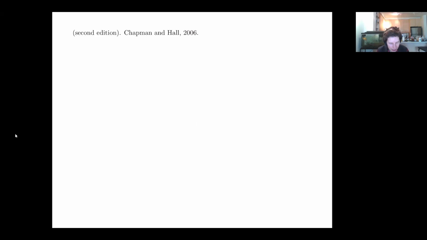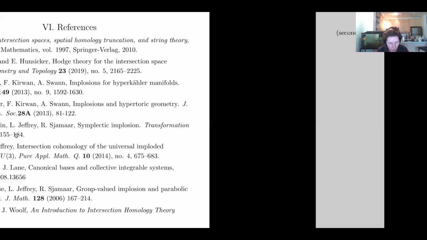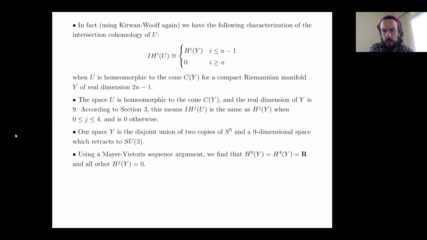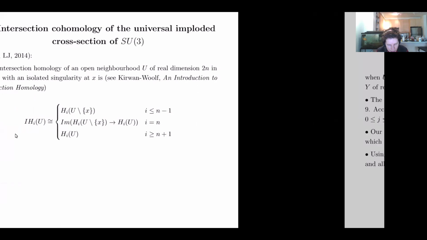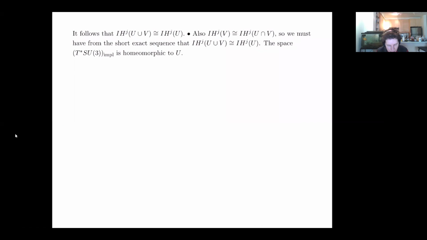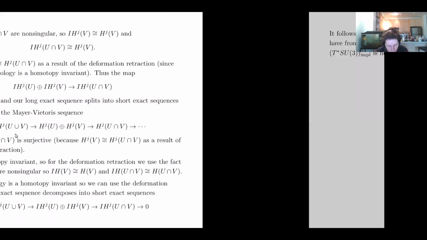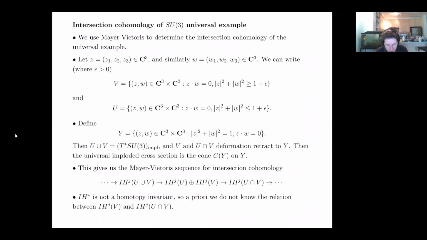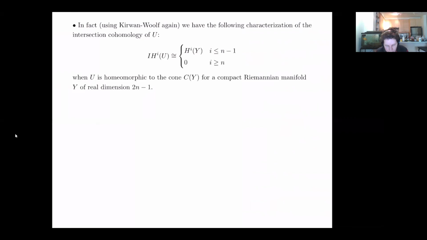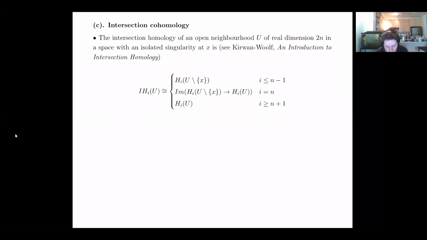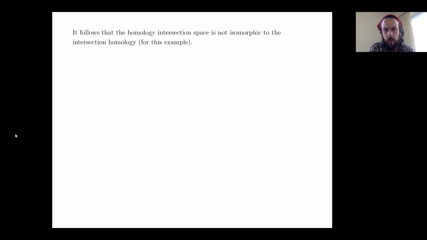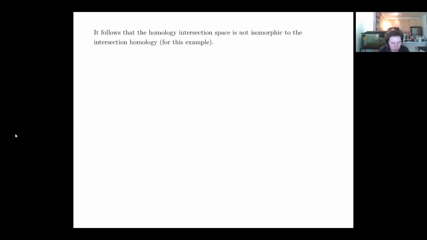That was, let me go back to that slide. What I said was that perversity is a measure of failure of transversality. You wouldn't expect to fail too much. It only failed by one.